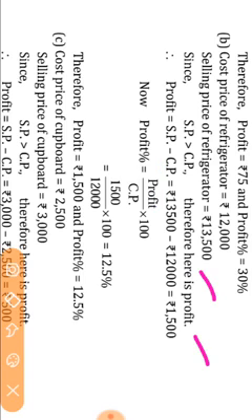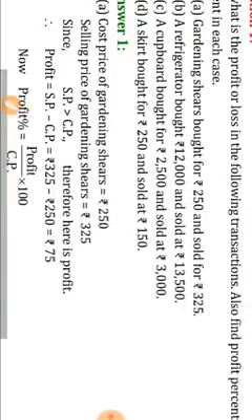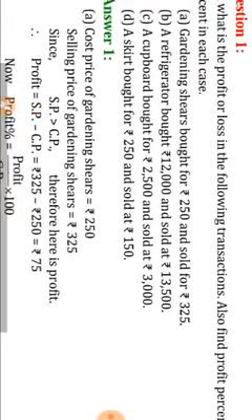Then percentage is 1,500 divided by 12,000, because on cost price only we can know whether it is loss or profit. If you simplify this one, the zeros get cancelled, and I get 12.5%. Then here you can do it.